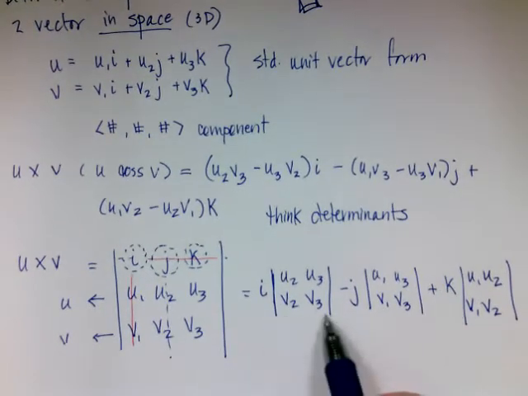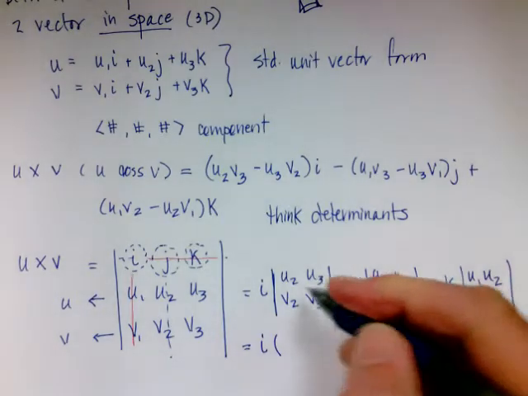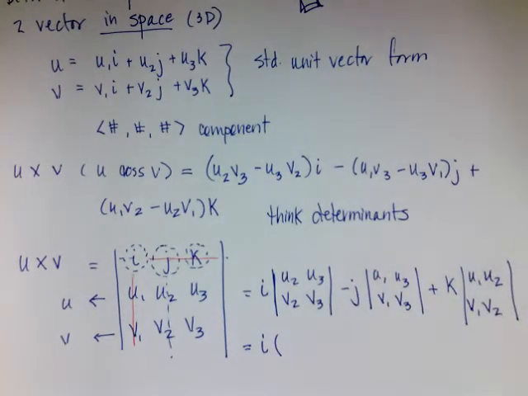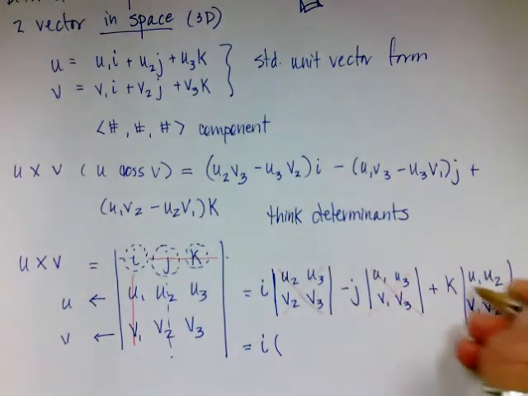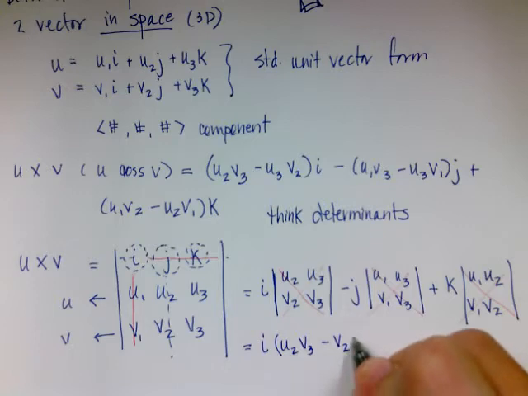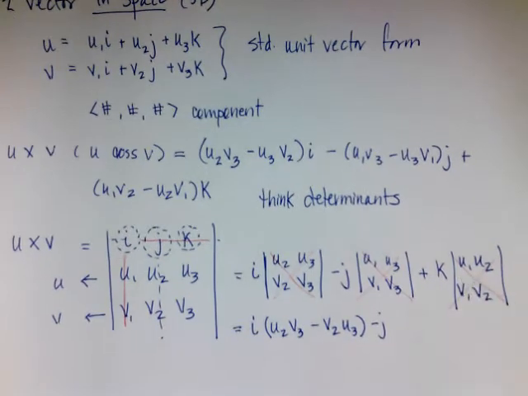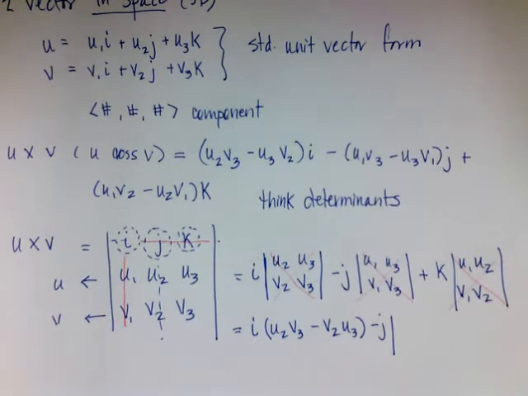Remember, the little absolute value bars mean find the determinant, so this is going to be i times this minus this, this minus this, this minus this. That's where I get u2 v3 minus v2 u3. j is always minus because, remember, in a 2 by 2, when I'm calculating the determinant, I subtract that second value.